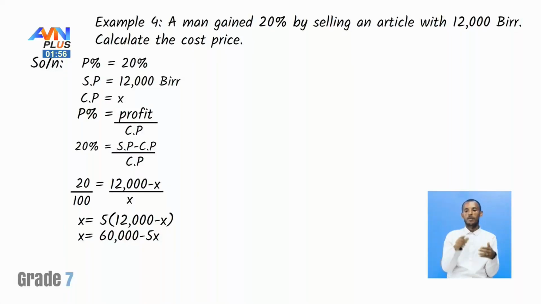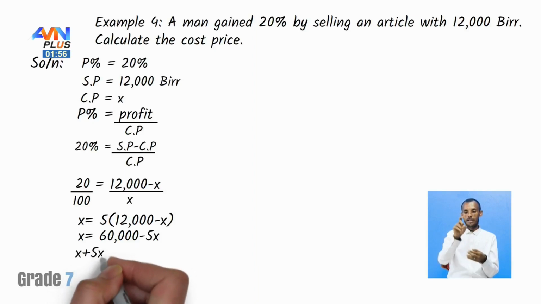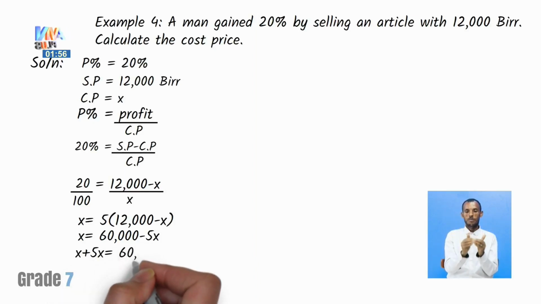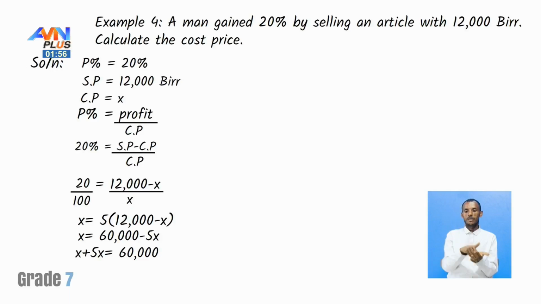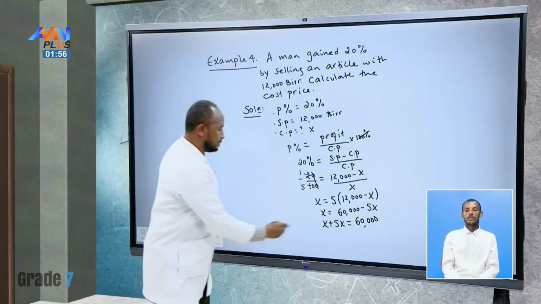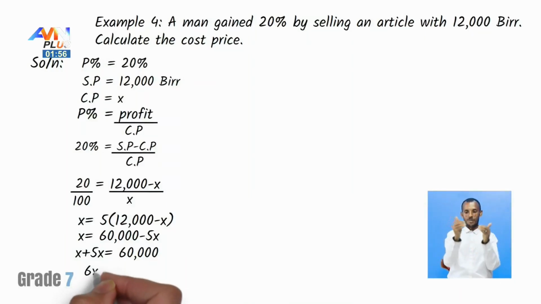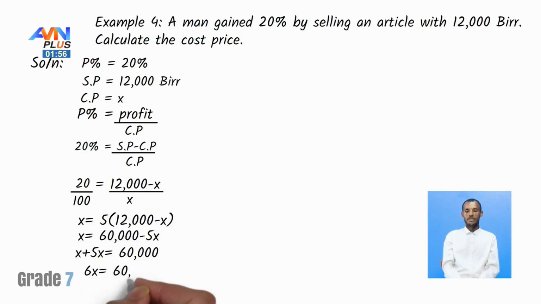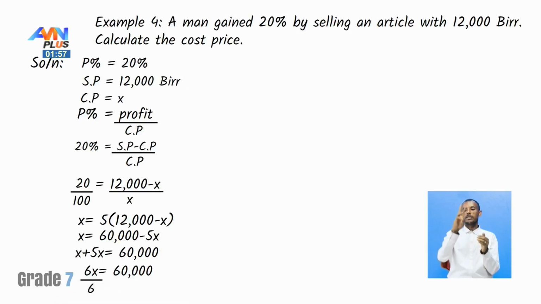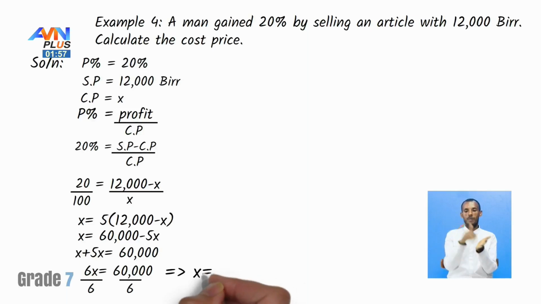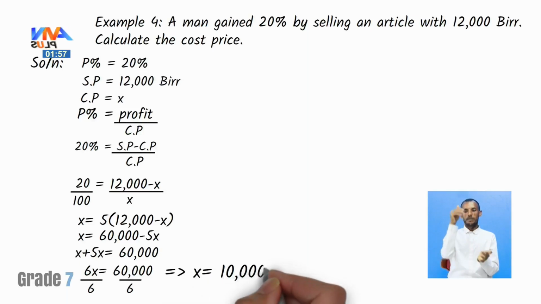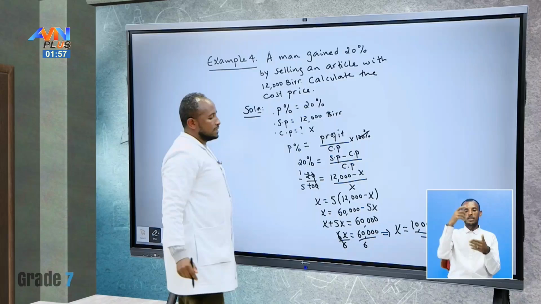You'll have X plus 5X is equal to 60,000. And then you have 6X is equal to 60,000, and divide both sides by 6. So this implies X is equal to 60 divided by 6, which is 10,000. This will be the final answer. So here the cost price is 10,000.